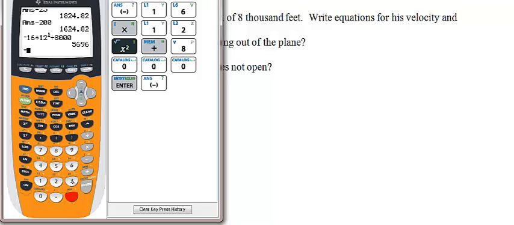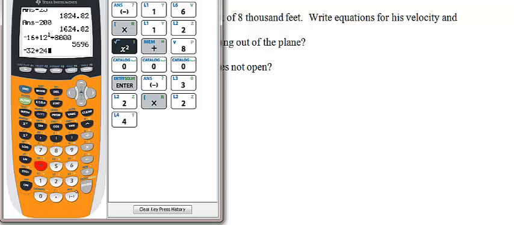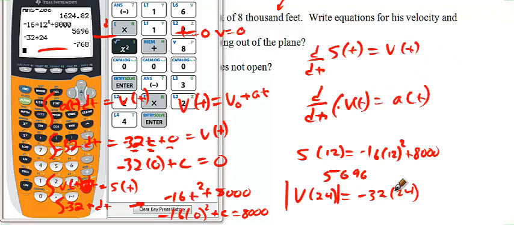So negative 32 times 24, and you're going 768, and this would be feet per second because everything's in terms of feet per second. Now, why is it negative? Well, it's negative because you're going downwards. You pick the upwards to be positive, so our velocity and acceleration are both going to be downwards, negative.